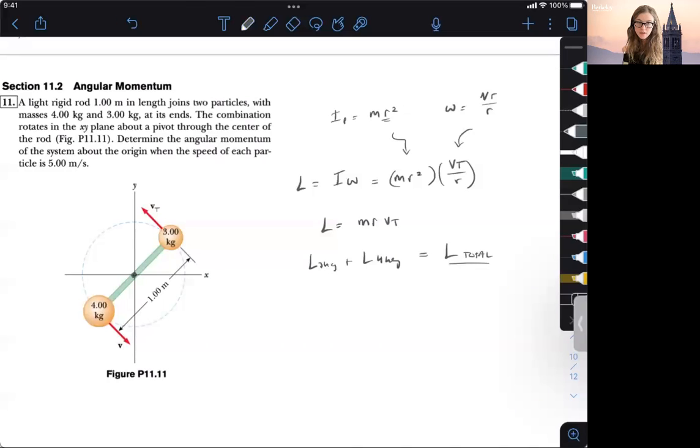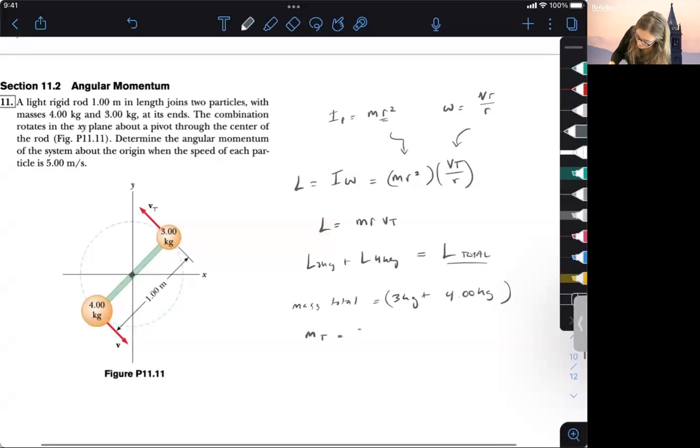So the total mass equals 3 kilograms plus 4 kilograms, which is 7 kilograms. We found our total mass.